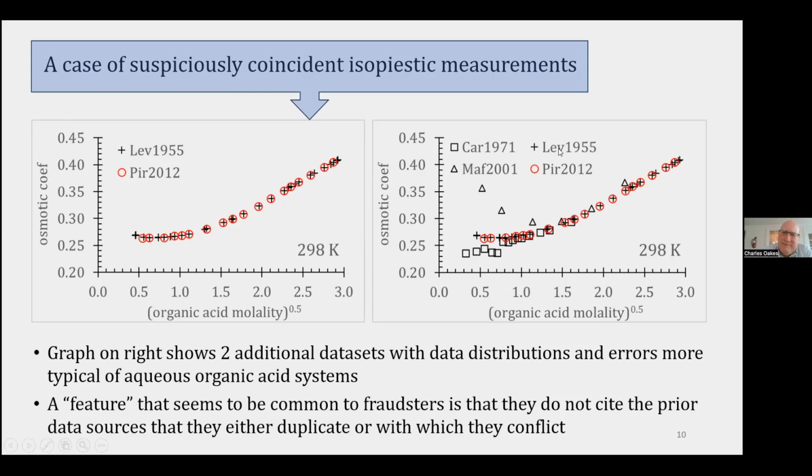Now on the right, I've added a couple of other studies, same chemical system over the same range, X and Y axes, and they show what you would expect from isopiestic measurements in this system. Particularly below 1 molal, you see greater spread in the data. You see points that lie between the other points.